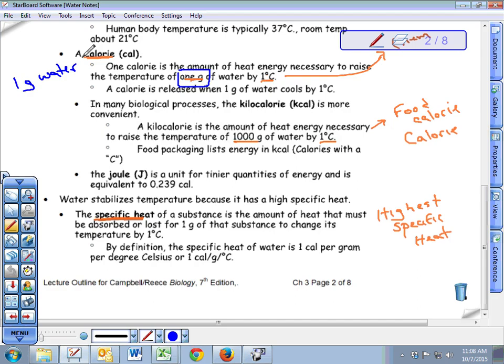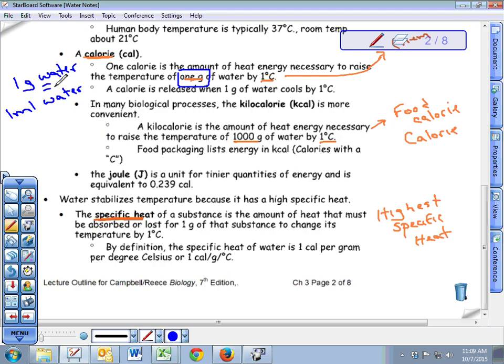A gram of water. How big is it? What's the volume of a gram of water? 1 milliliter. 1 gram of water, that's the definition of a milliliter, is a gram of water. So these are the same things.